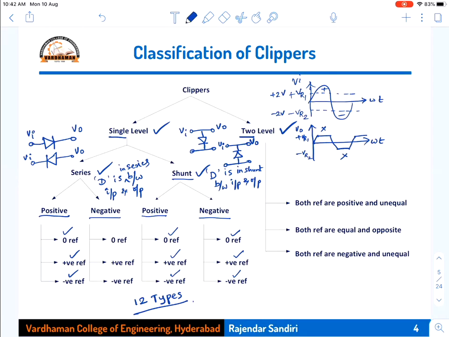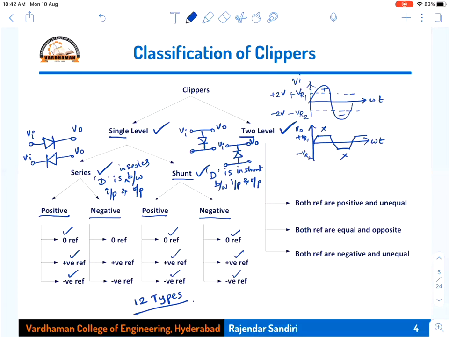Two-level clipping means it has clipping on the negative side as well as the positive side. It is also called a combined clipper. A combined clipper has a positive clipper as well as a negative clipper. Both sides are clipped off, and only the middle portion appears in the output.